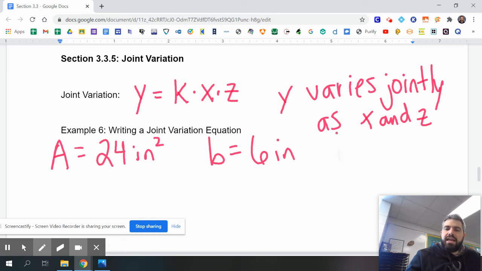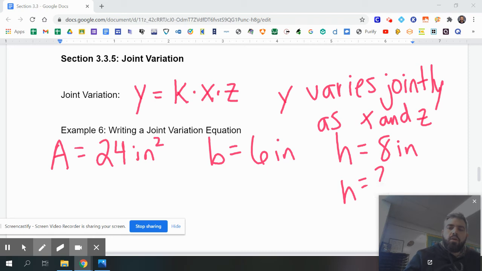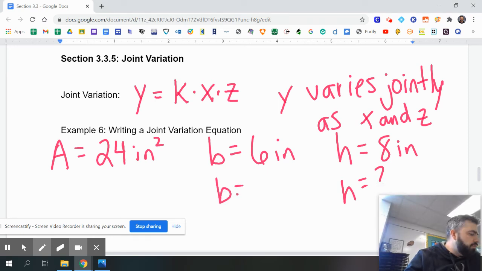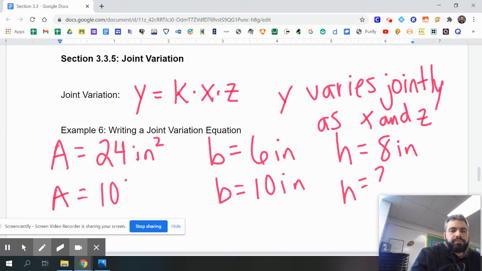And H is 8 inches. And so find what H is, okay? So here, we don't know what H is when our base is 10 inches and our total area is 100 square inches. Okay.